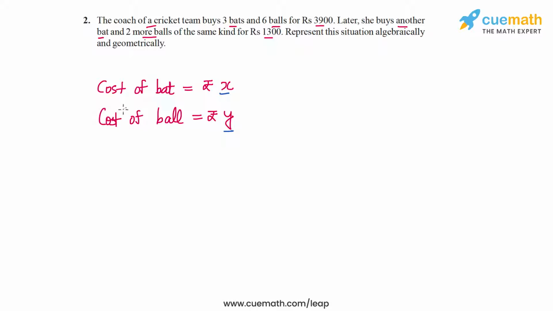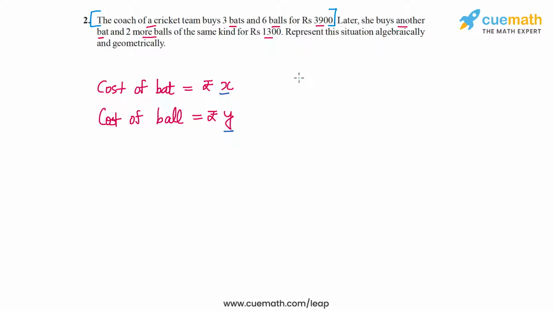Now let's read the problem statement carefully and convert the given information into linear equations in X and Y. Okay, so here's the first piece of information we have. The coach buys 3 bats and 6 balls for rupees 3900.